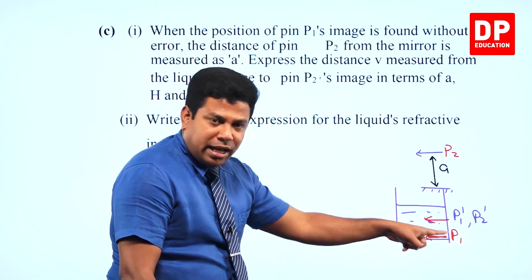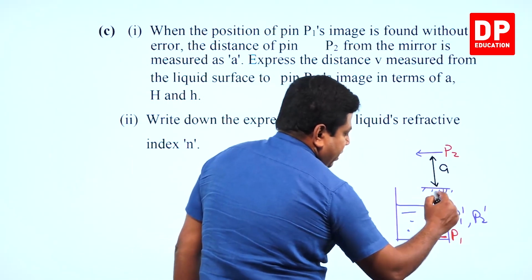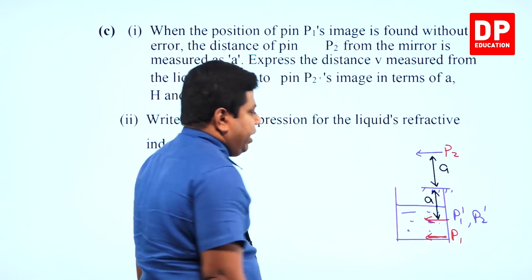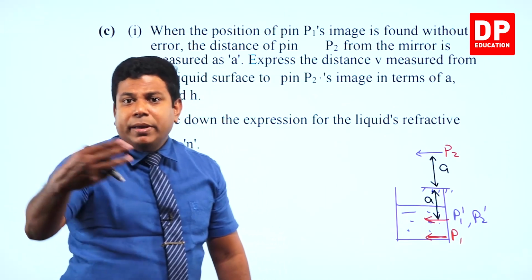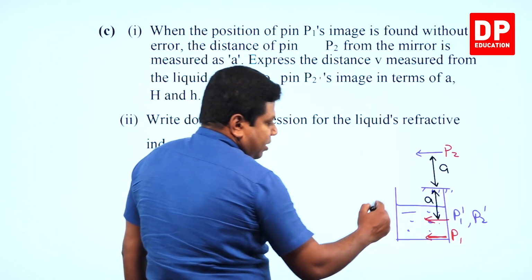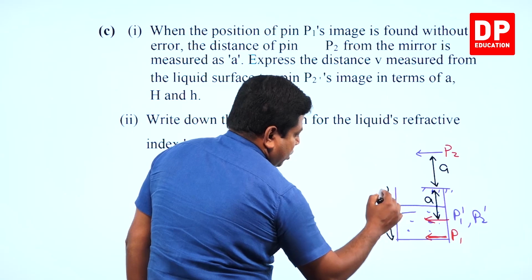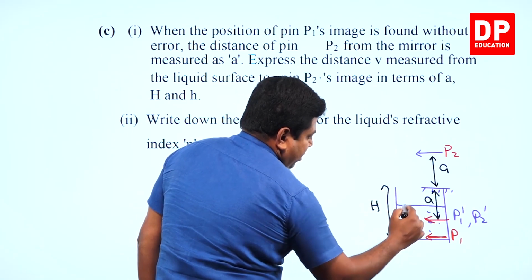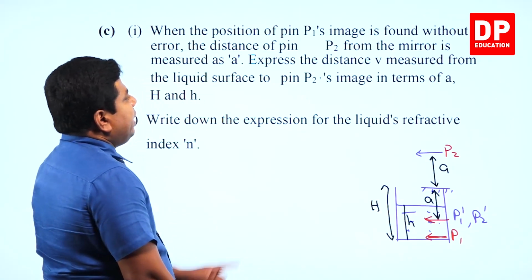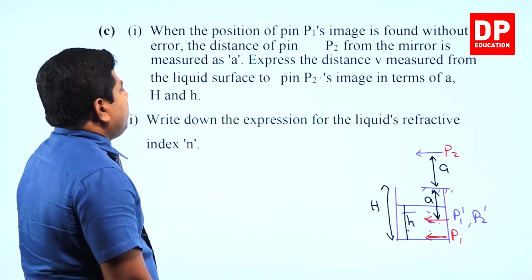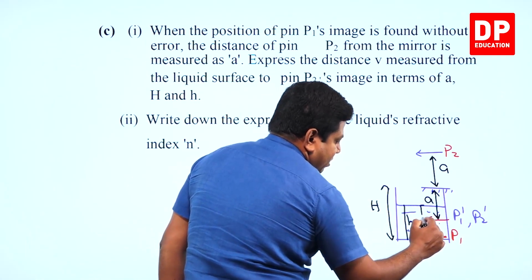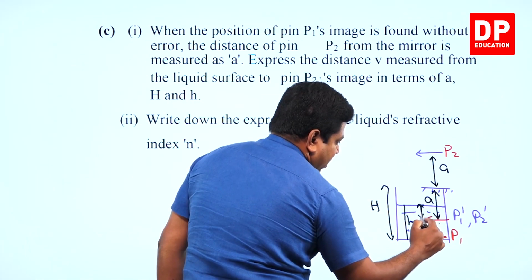So, mirror to this line, again, this distance has to be A. Why? Object distance and the image distance have to be the same. Already we have marked this to be capital H, and this is H. Right. And they say, express the distance V measured from the liquid surface to pin P2's image. So, what they mean by V is here. This is V.